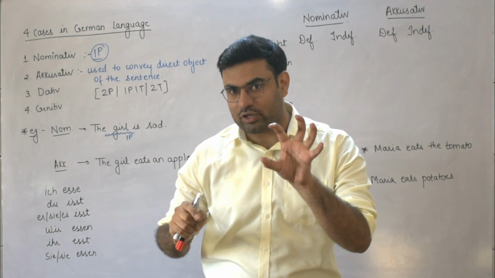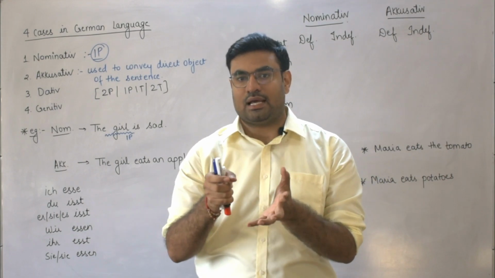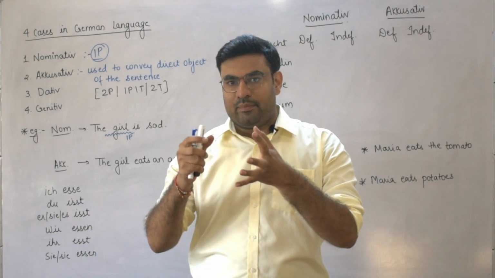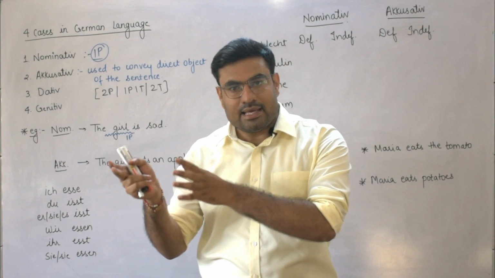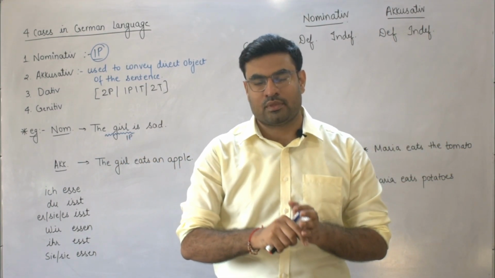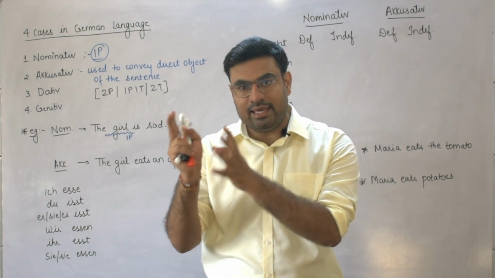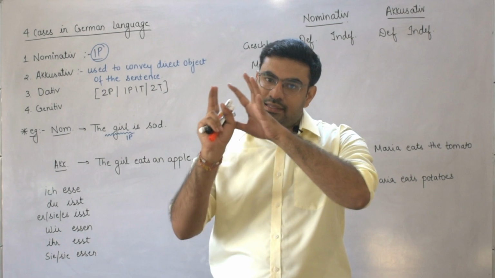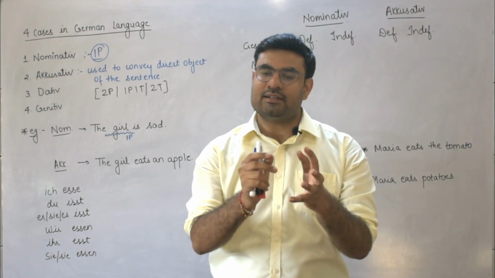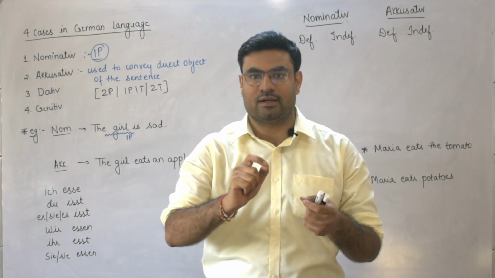Then this is a direct object. What is an indirect object? For example, he is writing a letter to his mother. He is the subject, is writing a letter. The letter is the direct object because he is doing some action on the letter.